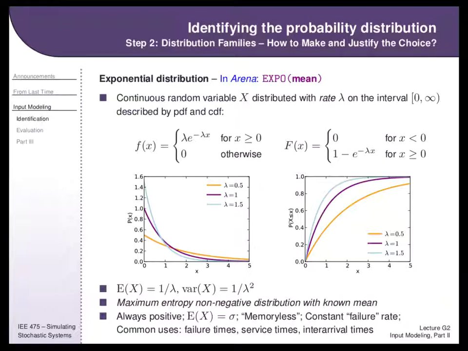It's always positive, it's memoryless, it has this funny feature that its mean is equal to its standard deviation. It's got only a single parameter. So if there are 2 distributions that both look kind of exponential, they both have a similar fit, it's better to choose the exponential because it uses fewer parameters than the other one. It's always better to use fewer parameters in a model than more because you don't want to overfit your data.